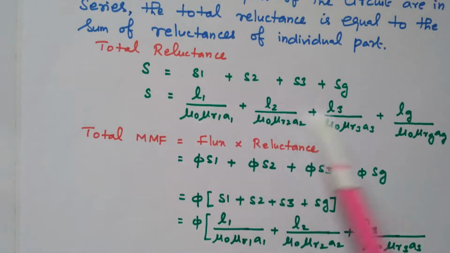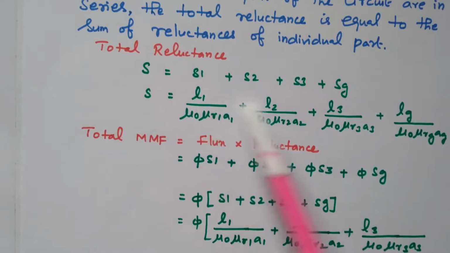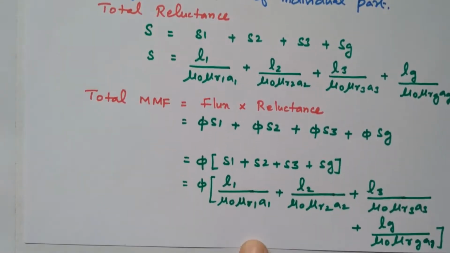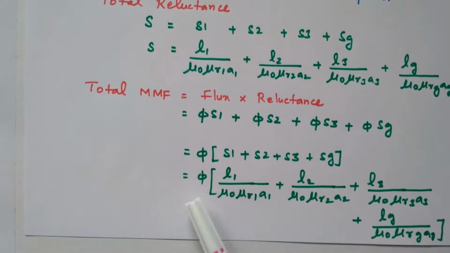Now we substitute the values of S1, S2, S3, so that we get phi into L1 divided by mu naught mu r1 into A1 plus L2 divided by mu naught mu r2 into A2 plus L3 divided by mu naught mu r3 into A3 plus the air gap term. Now we will go for the further analysis.